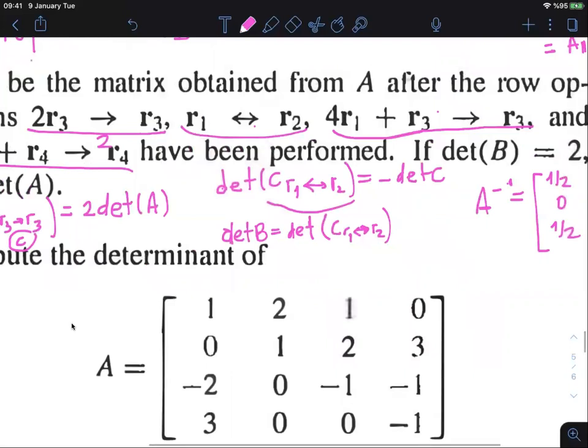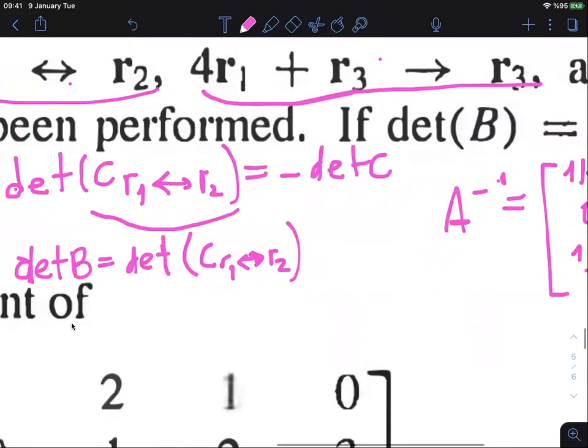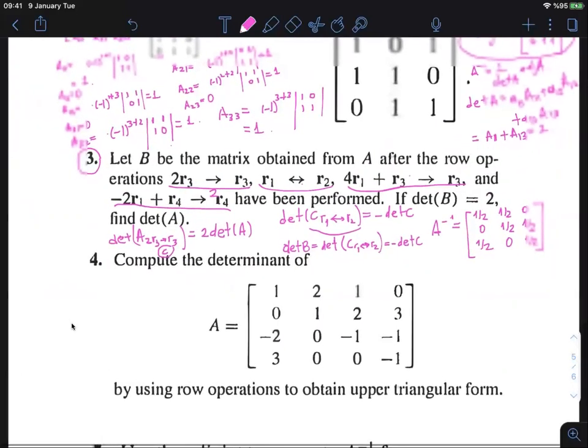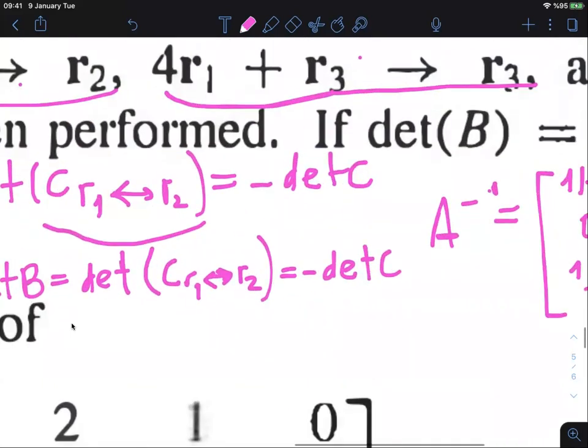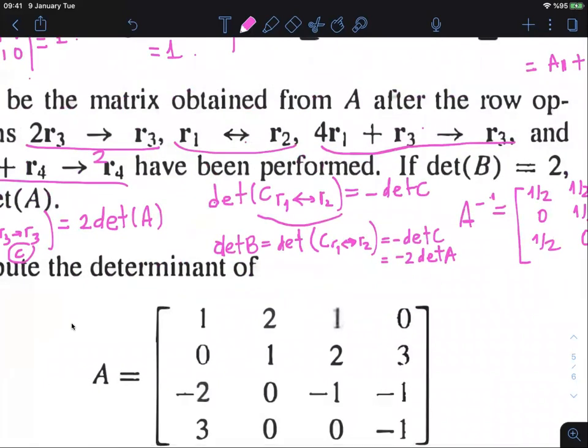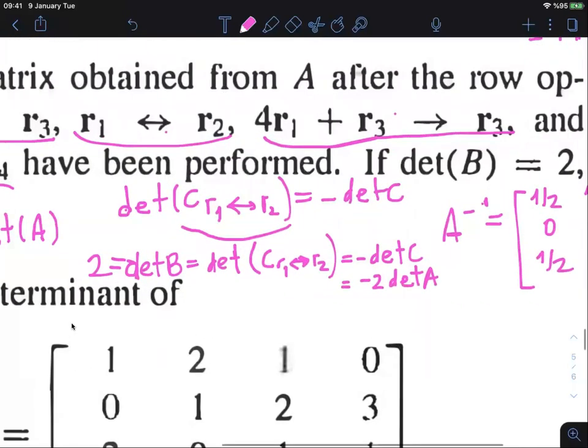We said that this equals minus determinant C. And we know that determinant C is 2 times determinant A. So what is the final result? We know that the determinant of B is 2, so the determinant of A is basically -1.